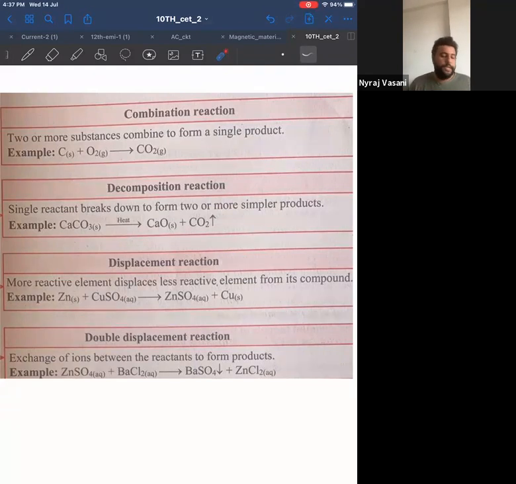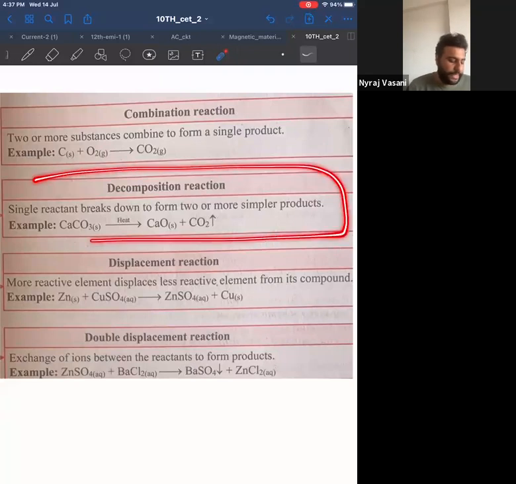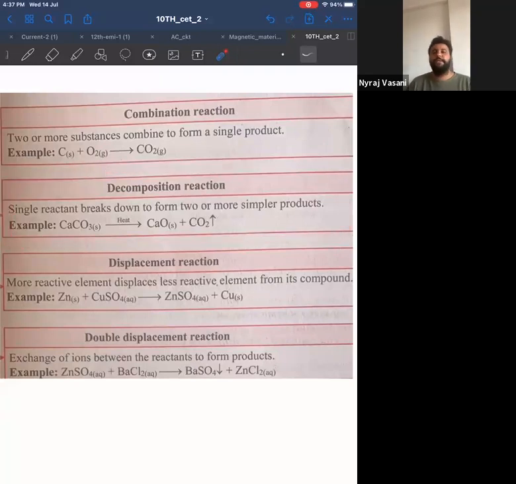into many small things. Therefore, your next thing you need to write down is your decomposition reaction and write down this particular statement. Especially the example you need to write down, which will help you a lot. Therefore, when you see the example in the question, we should be in a position to identify which kind of reaction it is.